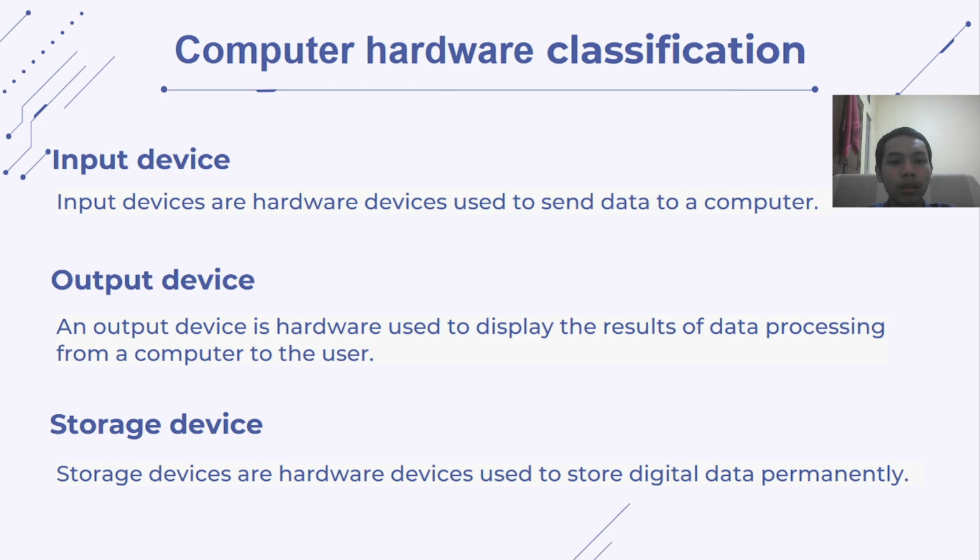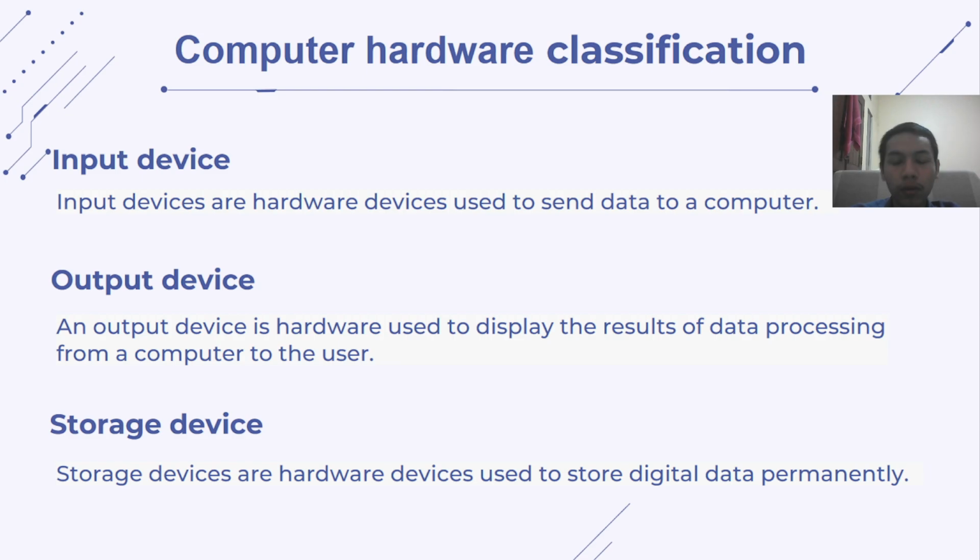The next, output device. An output device is hardware used to display the result of data processing from a computer to the user. The output device can be hard copy or soft copy. Hard copy is an output that can be seen, held, and has a physical form, like paper.